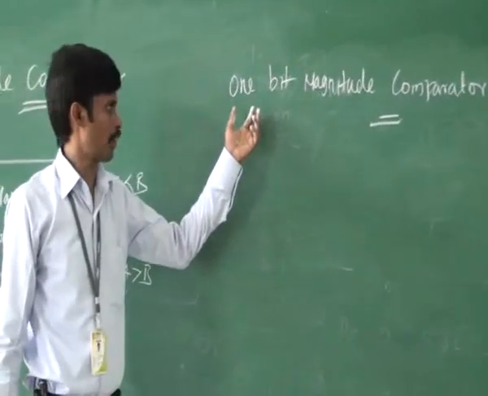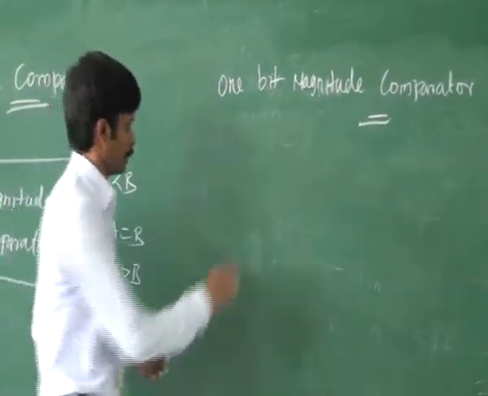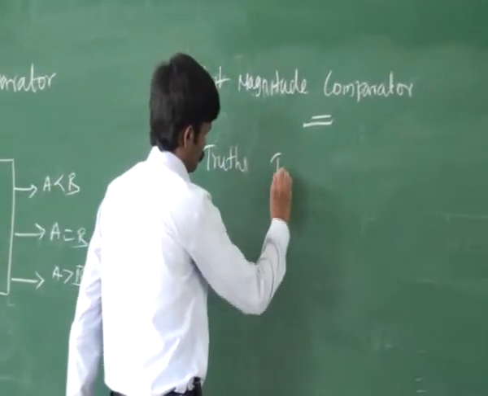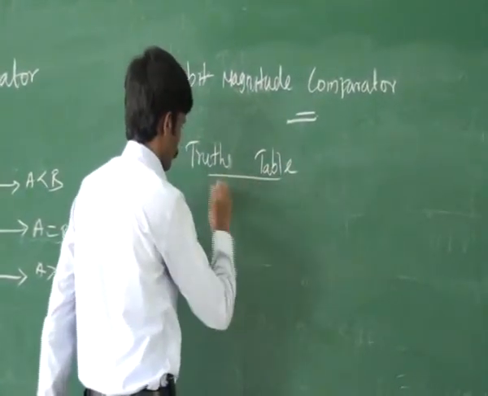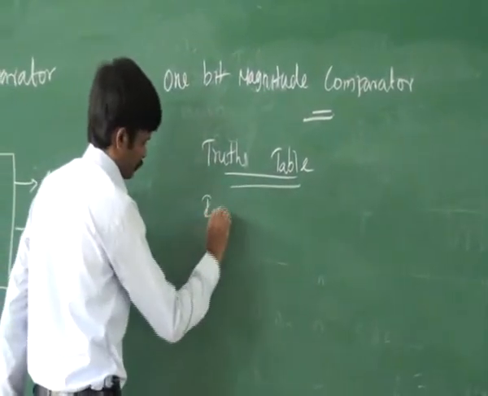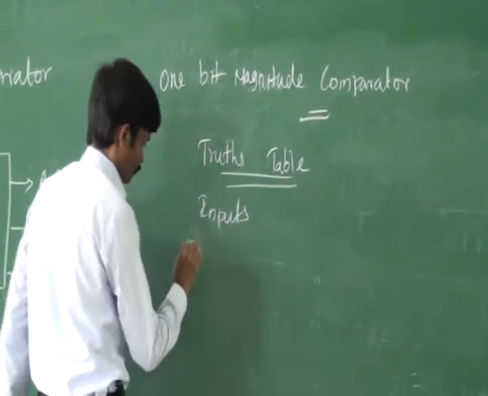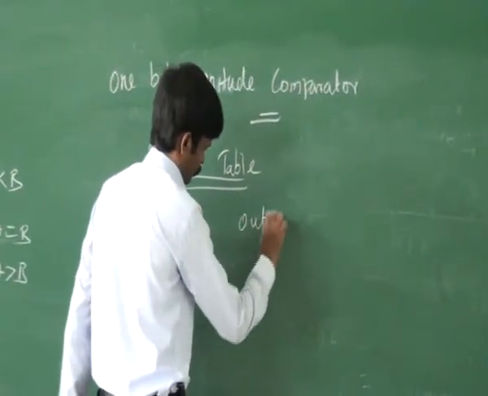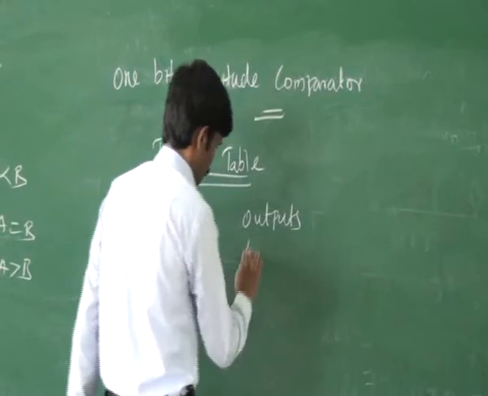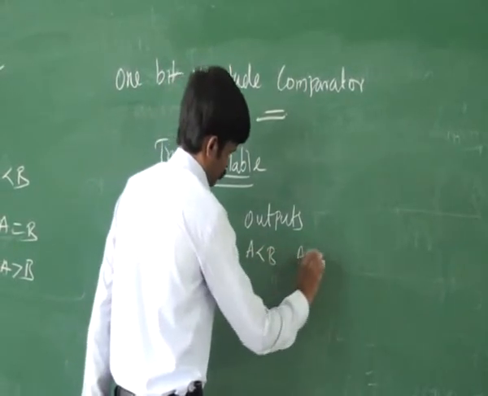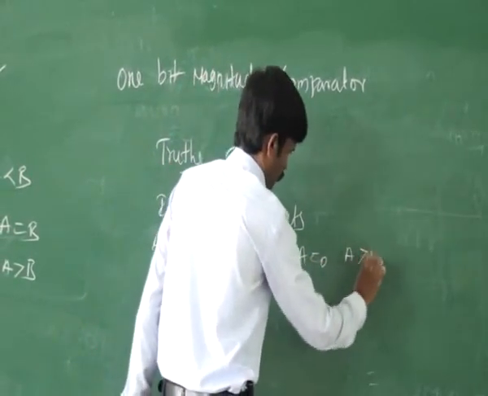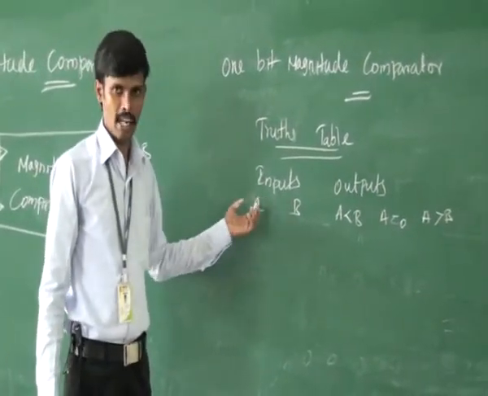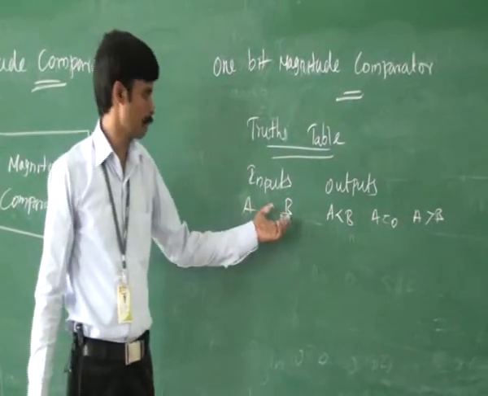First let us see the truth table for 1-bit magnitude comparator. Here we have two inputs, A and B. Here A and B are the two 1-bit numbers.